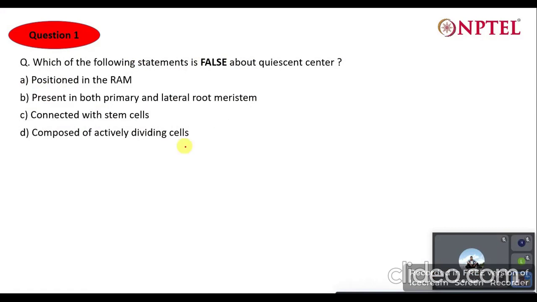You know, the quiescent center is present in the root apical meristem, in both primary and lateral root meristem, and it is connected with the stem cells, but it doesn't have the actively dividing cells that are present in the root.